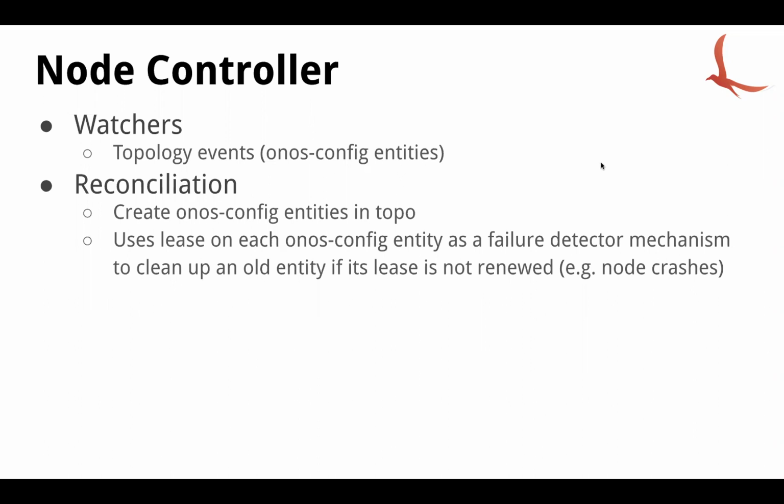For example, in ONOS E2T, we have a lease mechanism on ONOS E2T pods. Whenever there is a crash in one of those pods, there is a lease on each of those entities, and if it expires, for example if the node never gets restarted, the old entities will be cleaned up by the controller. So that's the responsibility of this controller, to create the ONOS config entity.